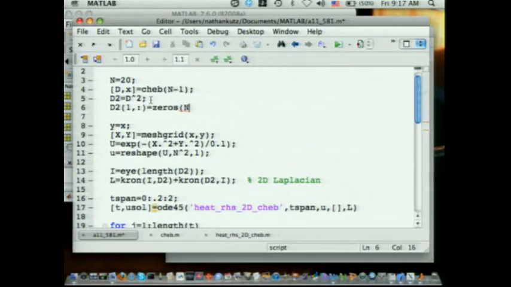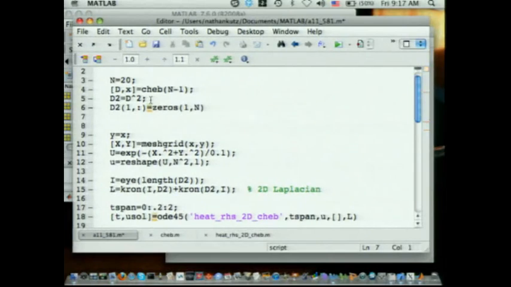Actually, I think I just say zeros. It's a 1 by n. Okay, there we go. And then the last row is also zeros.